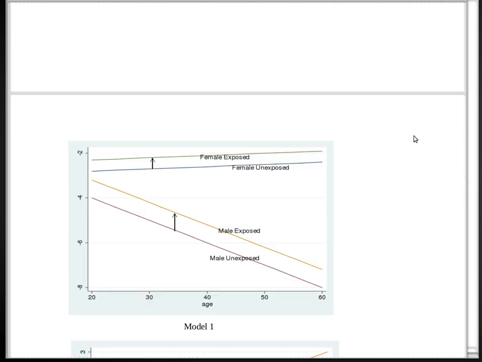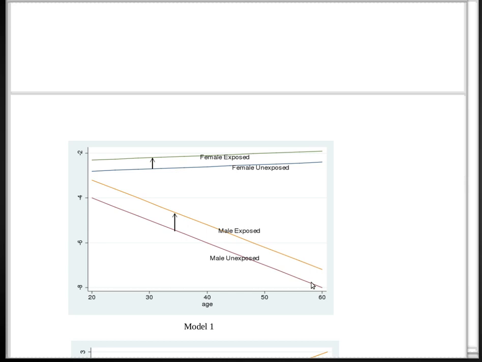What have I drawn here? I've drawn that there is a relationship between the log of odds of disease and age for the women, but it's slight and increasing, but slightly. Similarly, there's a relationship between the log of odds of disease and age for the men, but in this instance, for this illustration, it's declining.